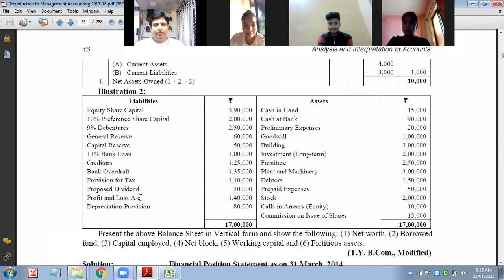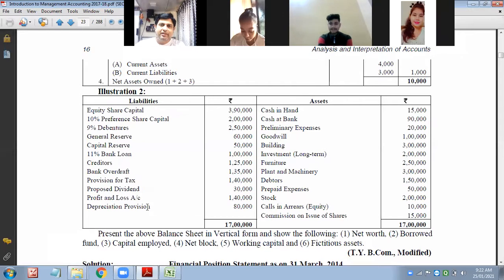Profit and loss account, reserve and surplus. Depreciation provision, less from fixed asset. Provision for depreciation it is. I hope things are clear for you all.